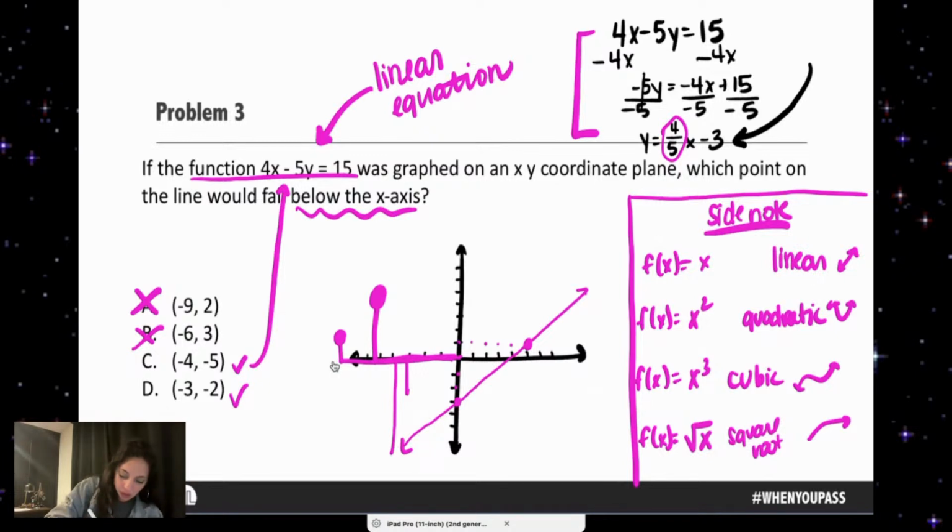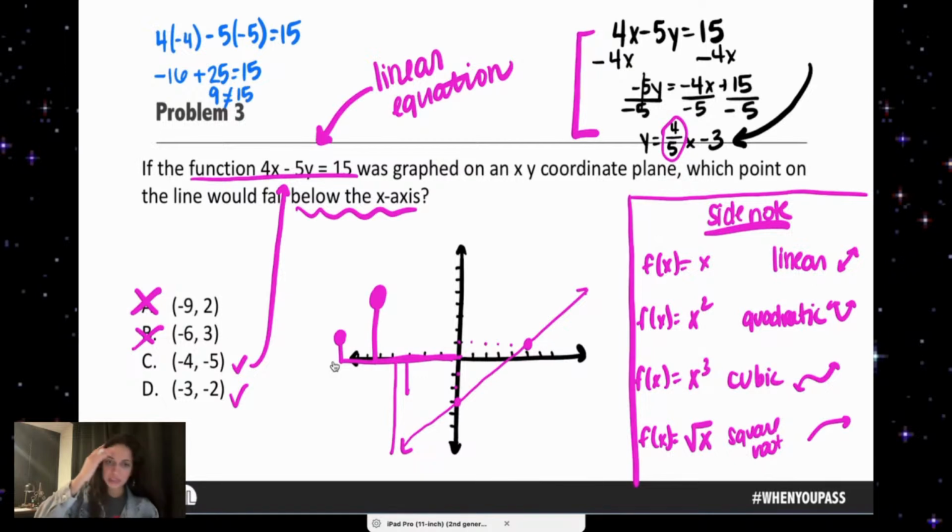So 4 times negative 4 minus 5 times negative 5 equals 15. 4 times negative 4 is negative 16. 5 times negative 5 is positive 25 equals 15. 25 minus 16 is 9. 9 does not equal 15. And I'm now realizing that this problem, I don't think I did correctly, but that's okay. This is how you would solve it if it were the case.